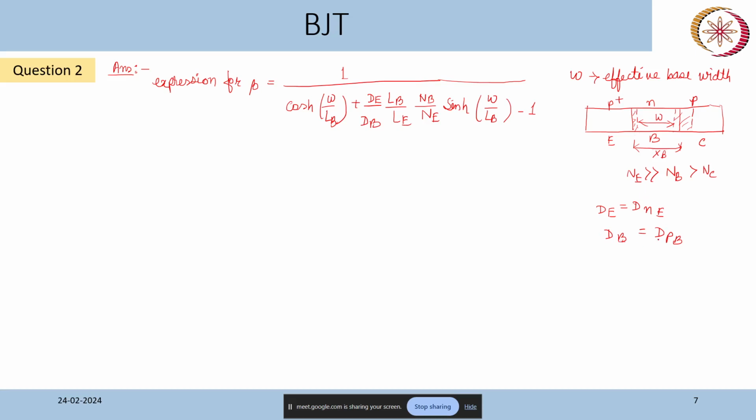That is why the diffusion coefficient for holes is used here. LB and LE are diffusion lengths. Here LB will be the diffusion length for the holes and LE will be the diffusion length of the electrons.